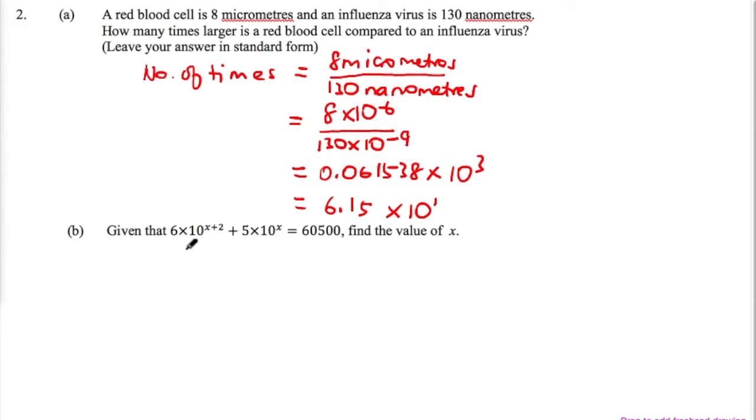In the next example, we need to factorize out 10 to the power of x. So we need to split this term as 10 to the power of x times 10 to the power of 2 plus 5 times 10 to the power of x.